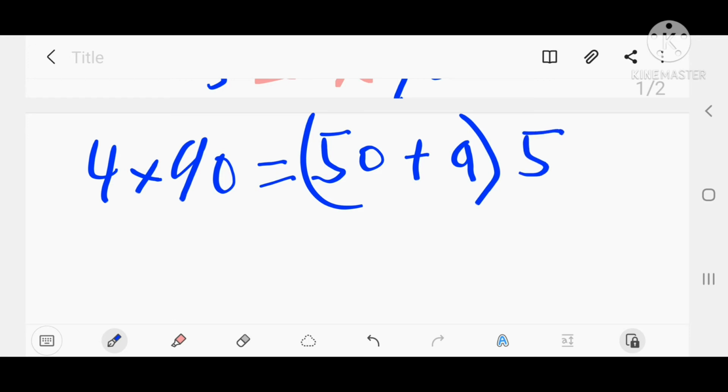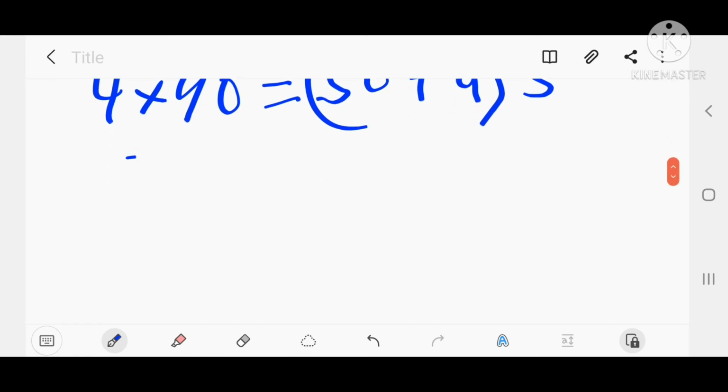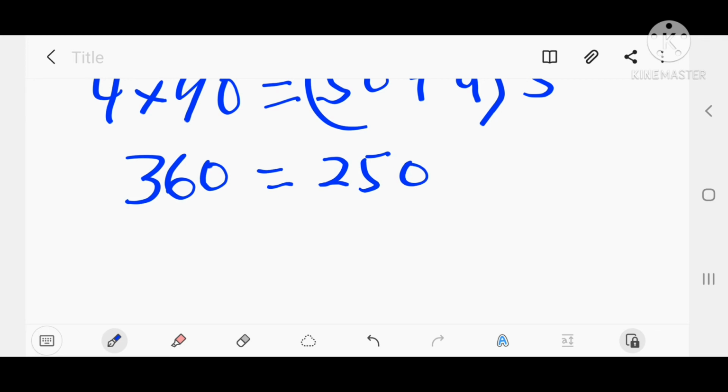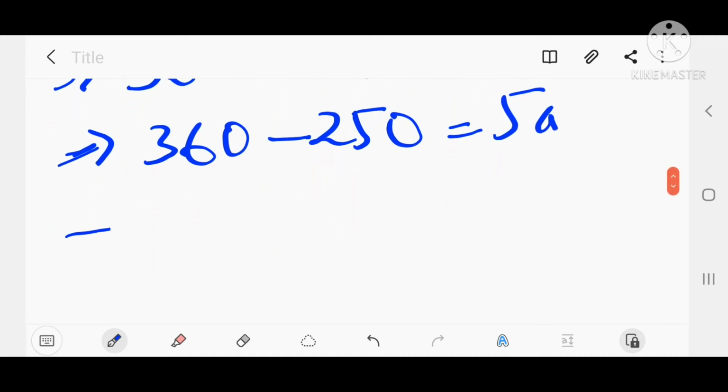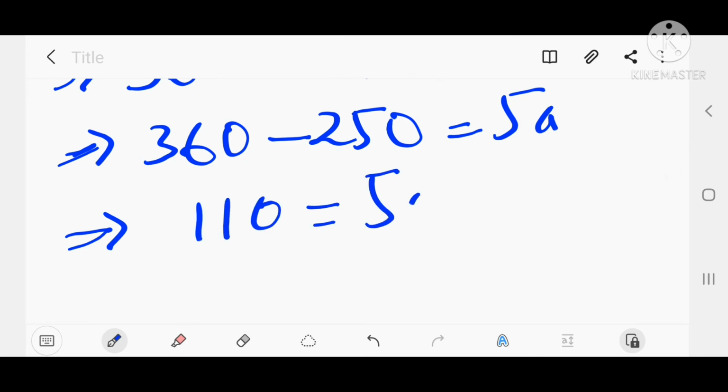That gives us 360 equals 250 plus 5a. Bringing like terms together, we have 360 minus 250 equals 5a, and that gives us 110 equals 5a.